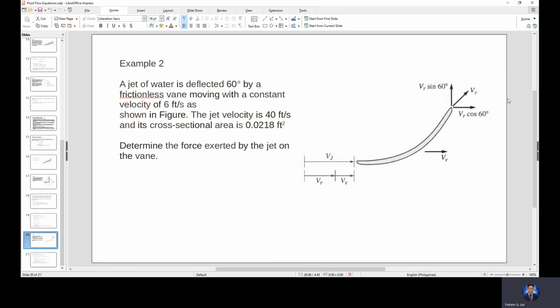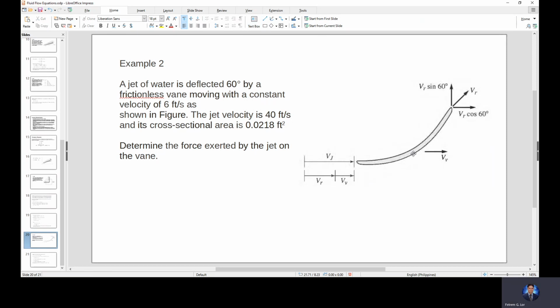Then you have a jet of water flowing in that direction. The velocity of that jet of water is 40 feet per second. And the vane is moving at 6 feet per second. So you have to determine the force exerted by the jet on the vane.